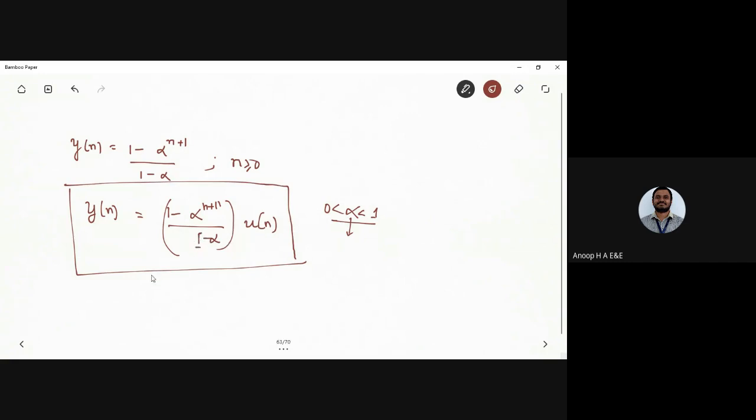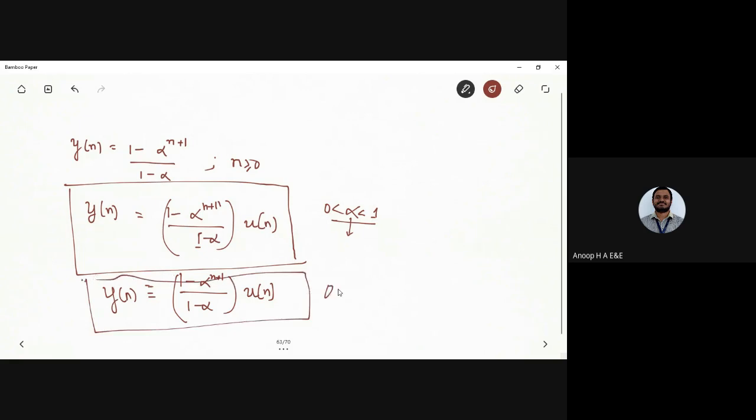So this is the equation what you need to write. Now this is the one what I need to keep in mind. Yeah, alpha lies between 0 and 1.